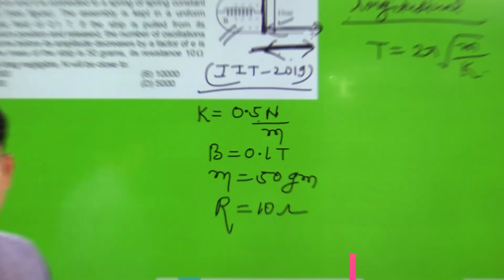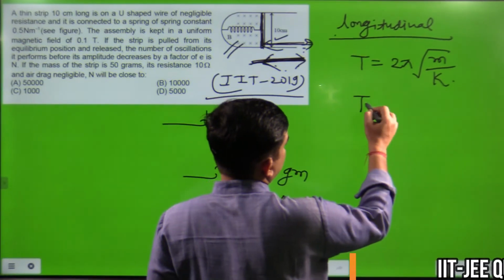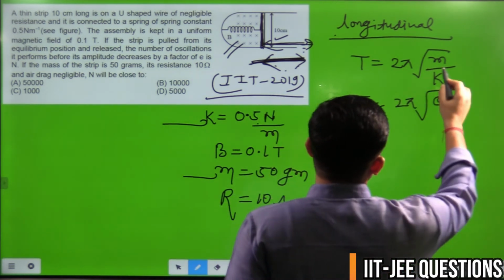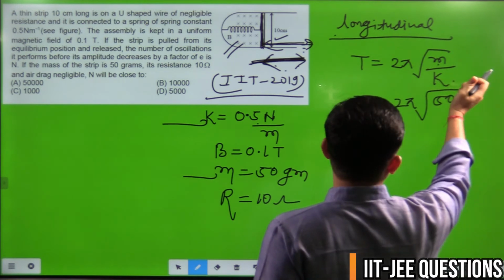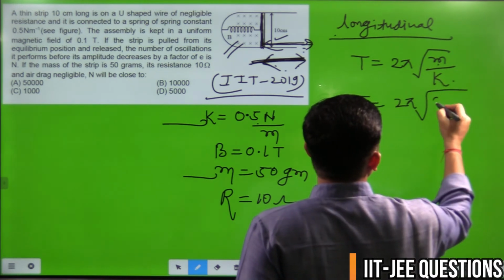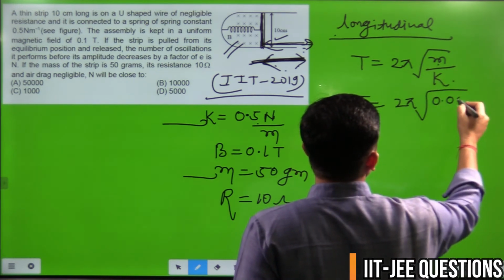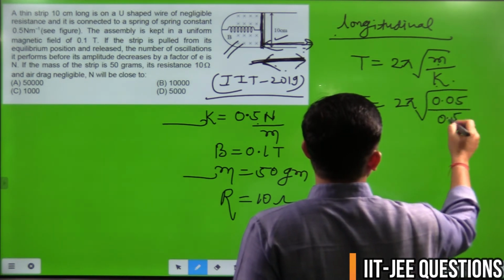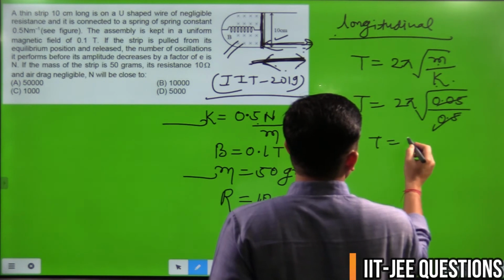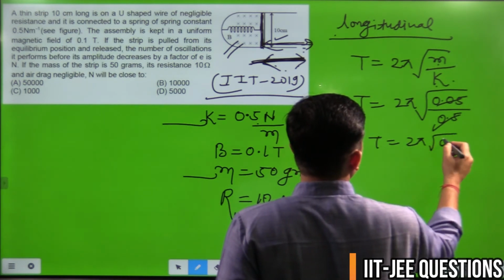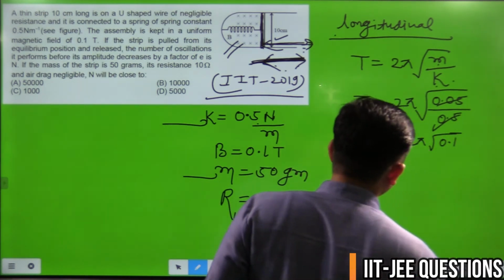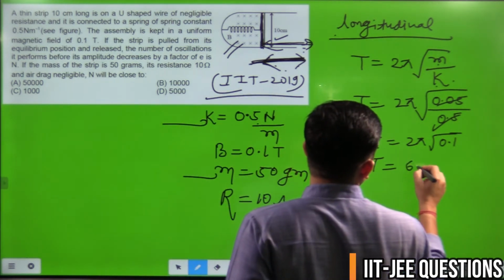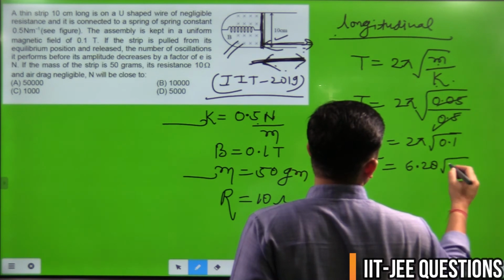Very simple formula. First we will find the time period: 2 pi root 50 gram, which means in kilogram 0.05 upon k, 0.5. T equal to 2 pi root 0.1, which means T equal to 6.28 root 0.1.